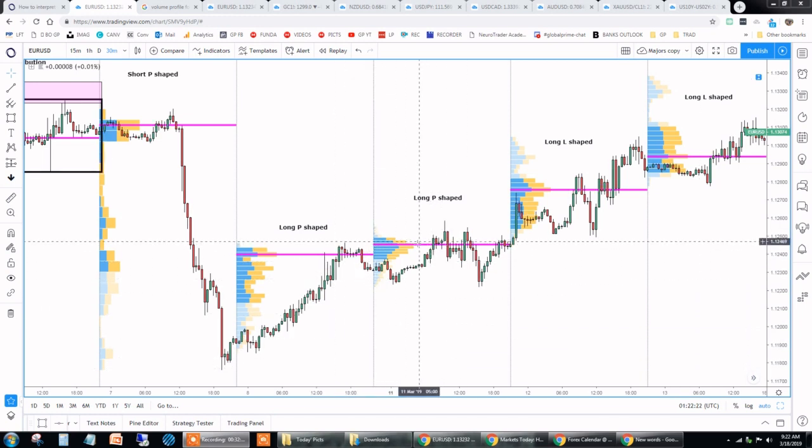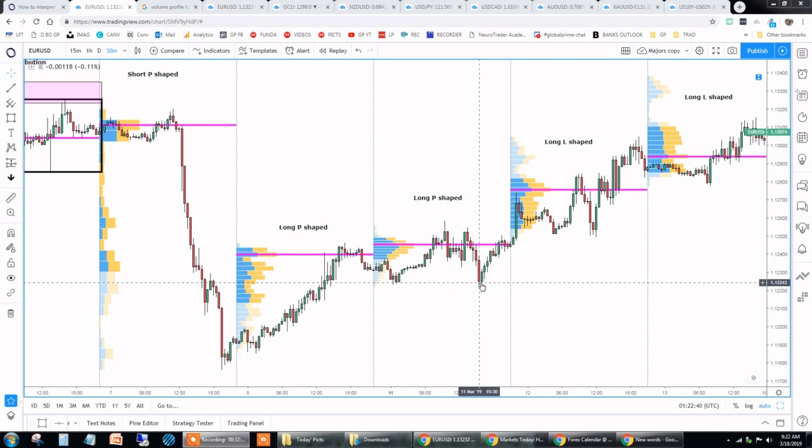You can see how if this was a healthy sell side trend, you would have seen potentially one retest, perhaps two retests, and then selling off and then prices accepting lower. But that's not the case. What we saw instead was that the buyers were coming back around this level, about 1.1225 or thereabouts.